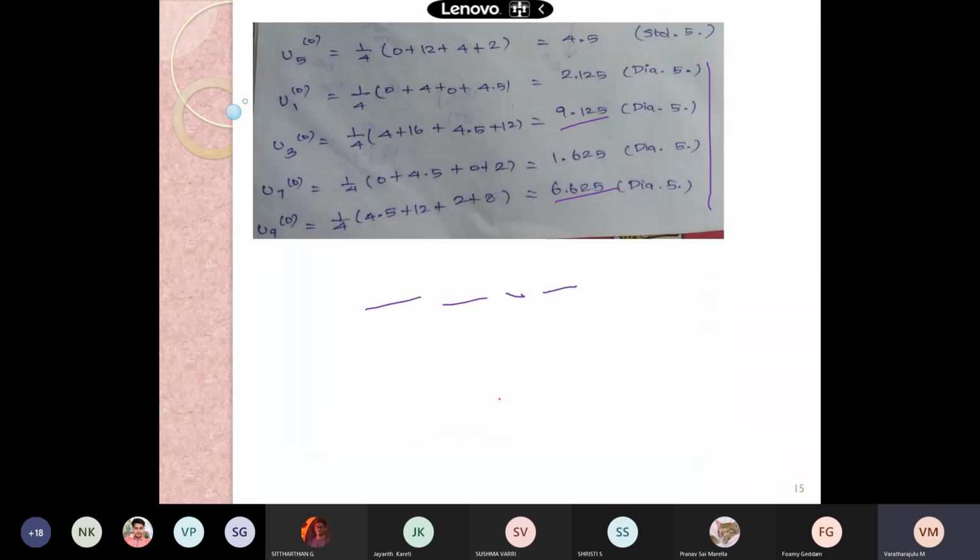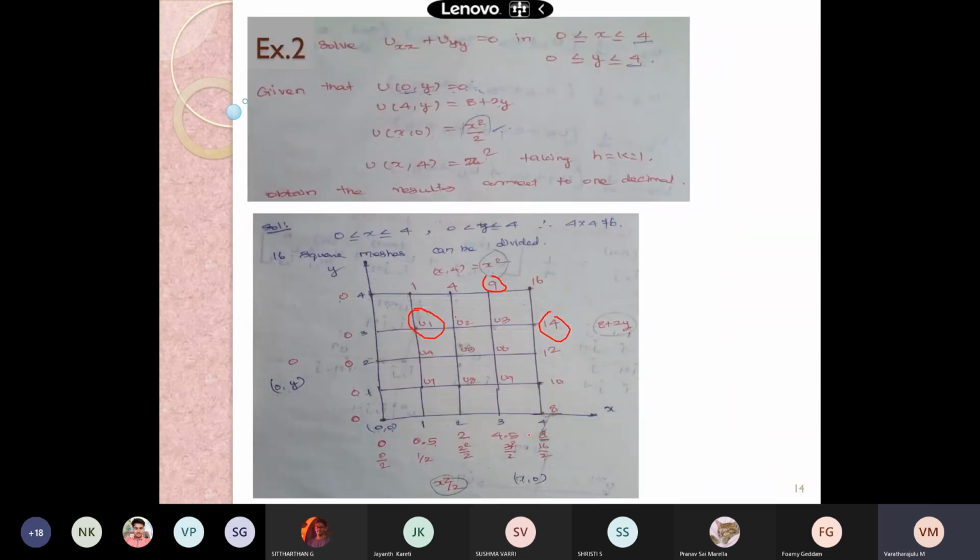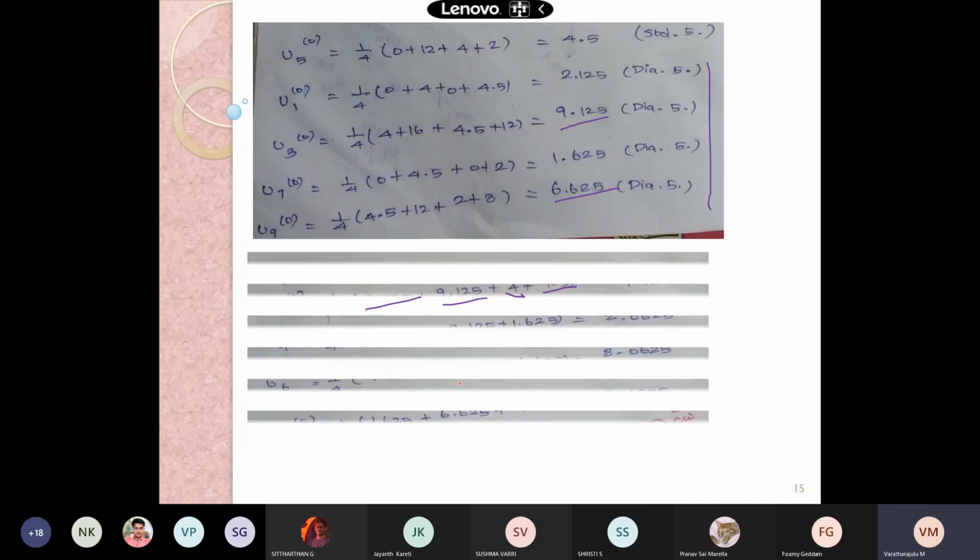For calculating U5, both U4 and U2 are calculated in the present iteration. From U5 till U9, in the same way we need to update the left and bottom points. That is what Liebmann's iteration suggests.